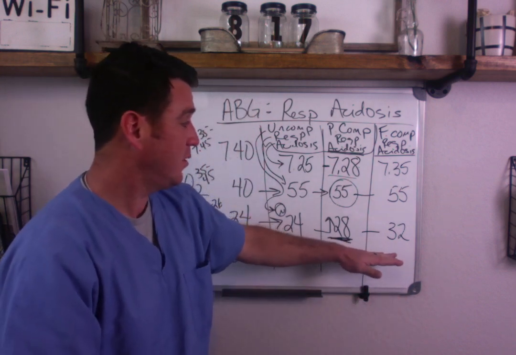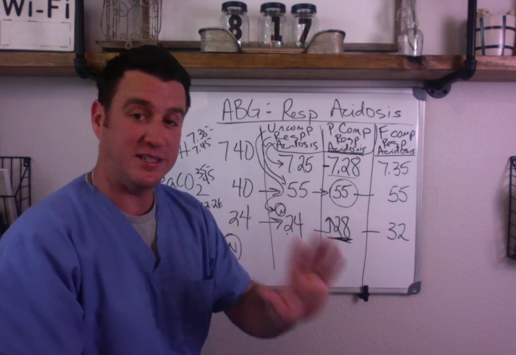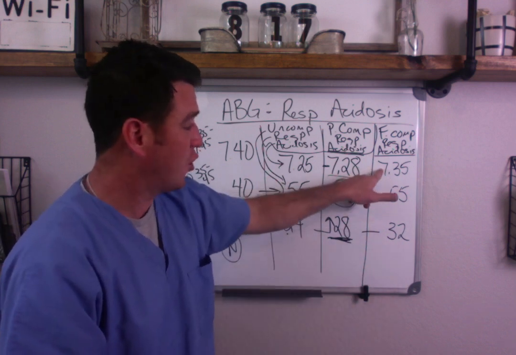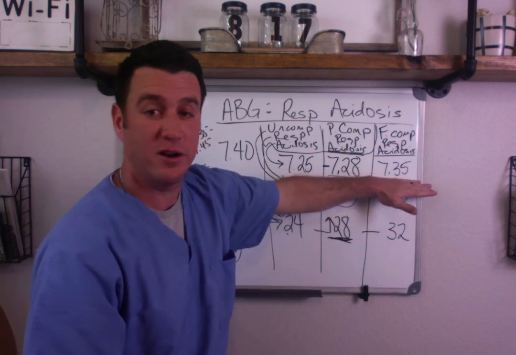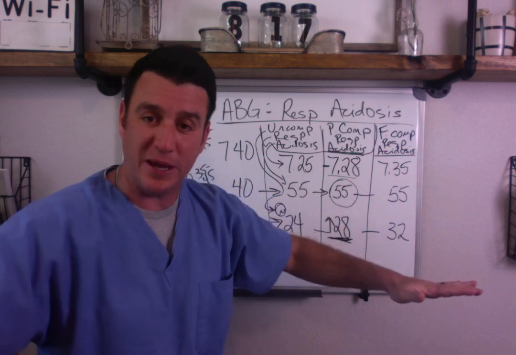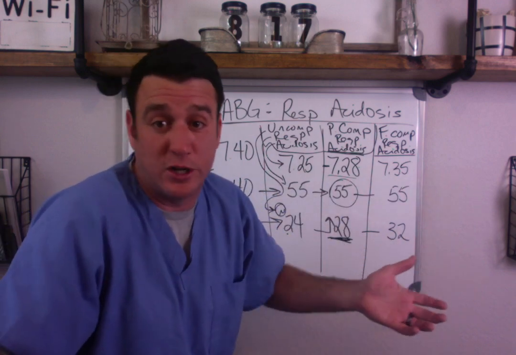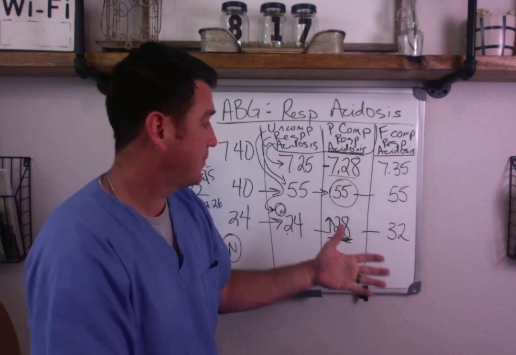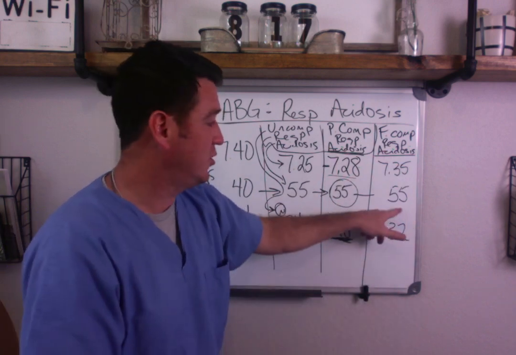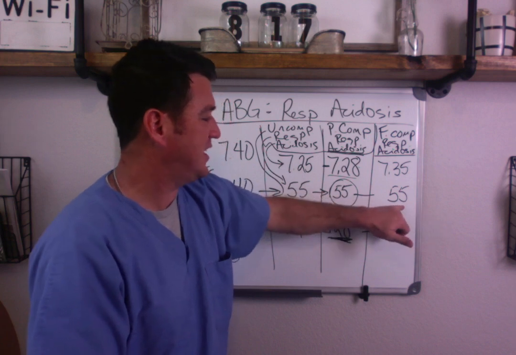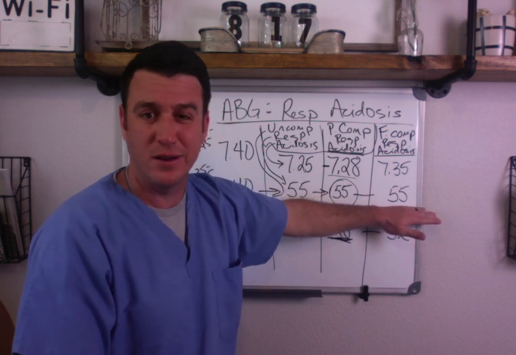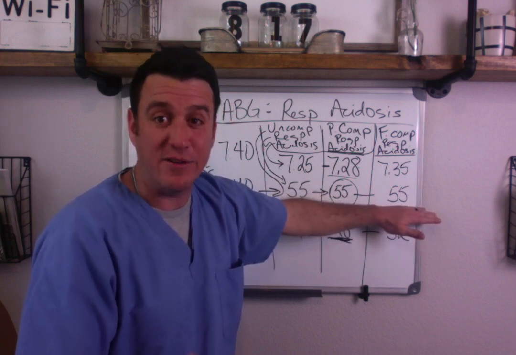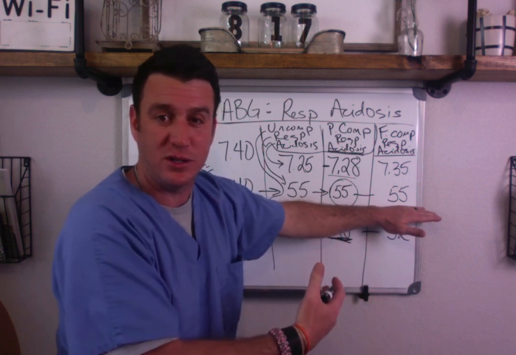Now, when we see this, what we see is that we have a normal pH. So if you stop right here, you don't know anything about your patient. You go, okay, normal pH, we're good. Patient's pH balance is perfect. But when we look at the CO2, we go, wait a second. If we have a CO2 of 55, we should have an acidotic pH.